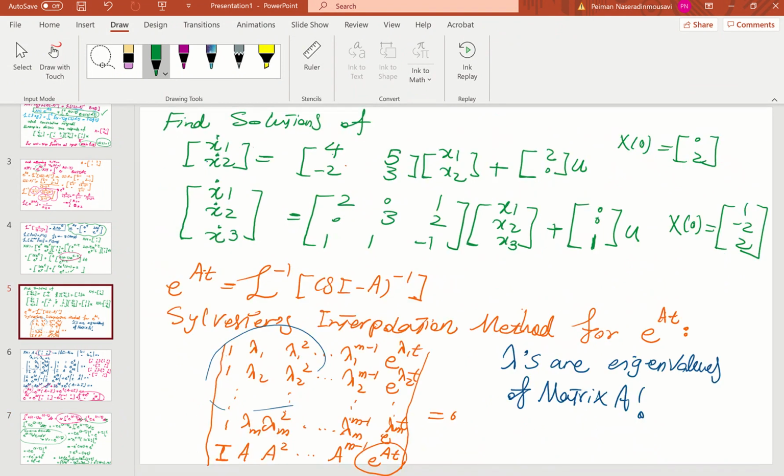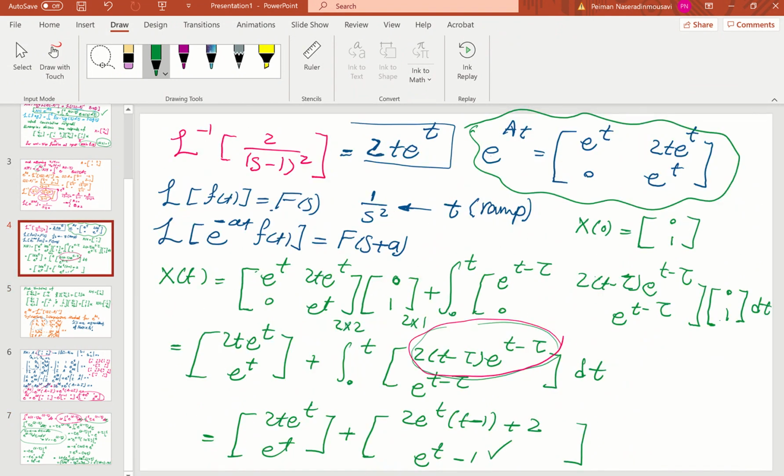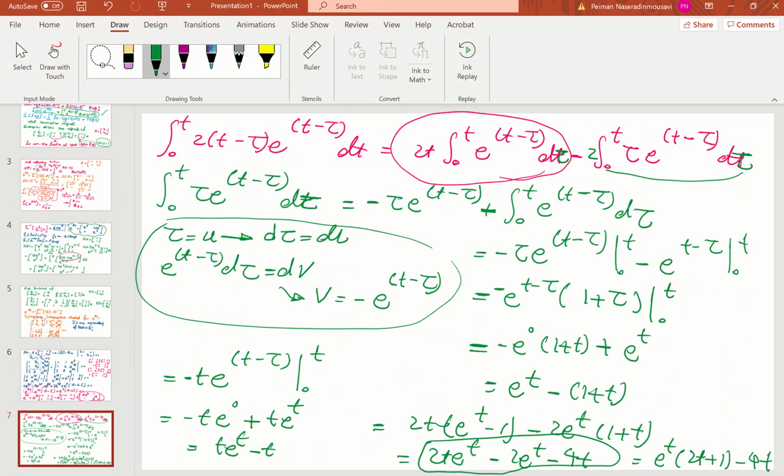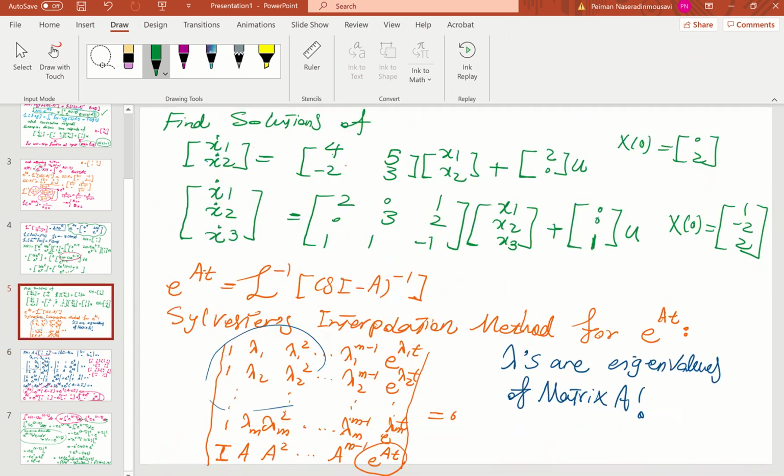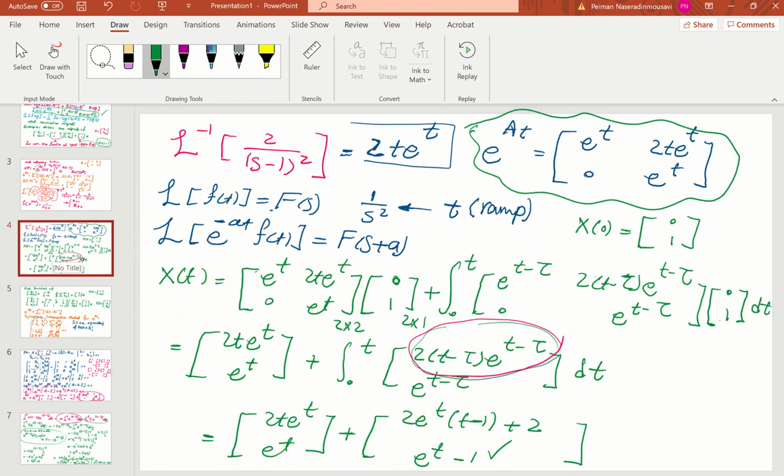So I have to revise it here, guys, because I was curious. What is that? So e^t times (t plus 1), this 2 is here, not here. This is 4t. That's right.